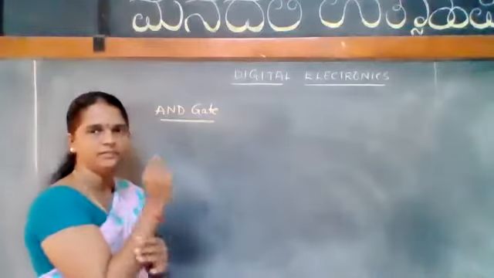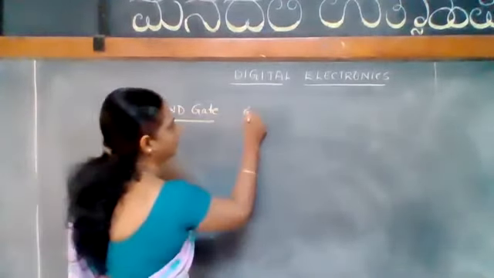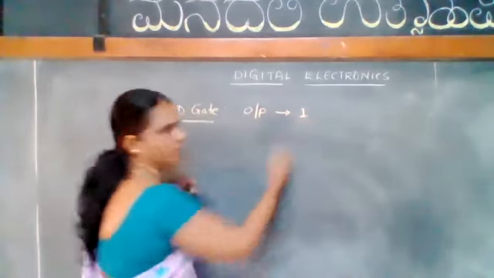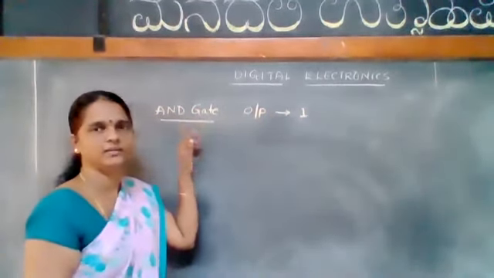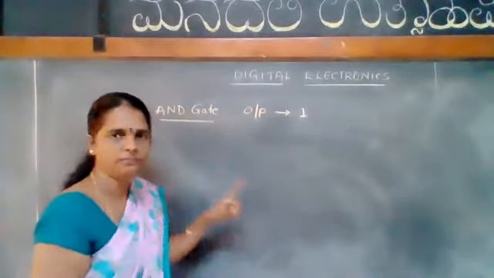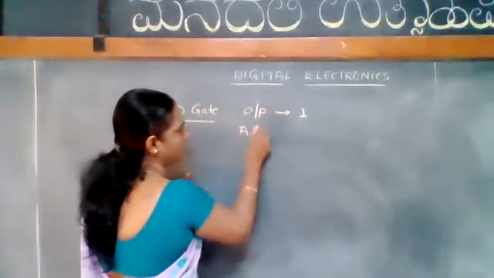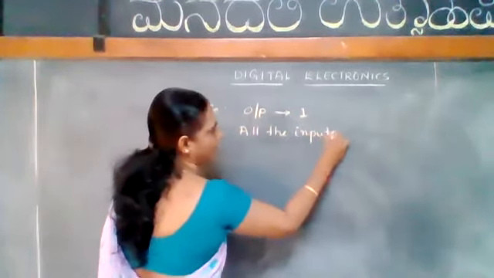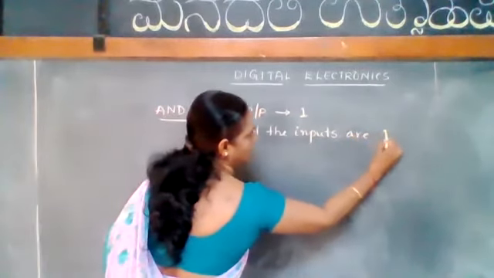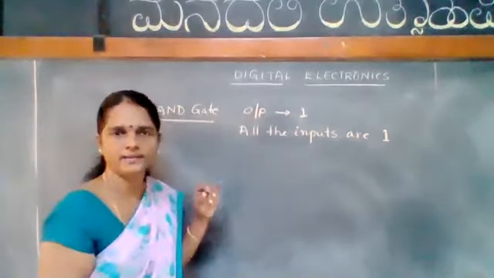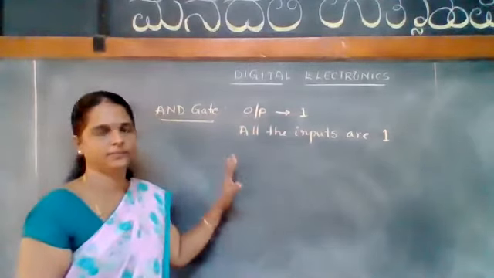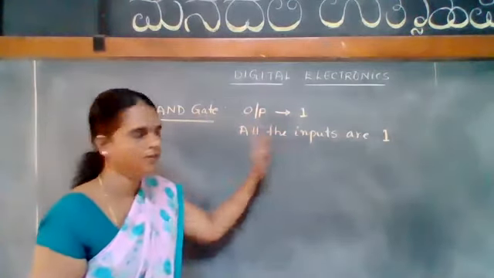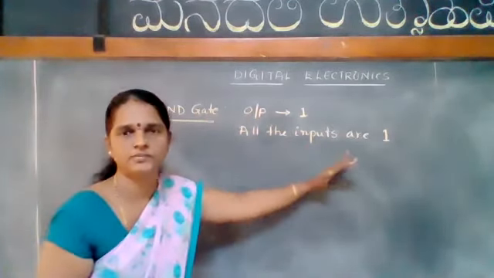So the definition says that the output of this gate goes high only when all the inputs are high. High is nothing but 1. High is 1, low is 0. So the output of this gate goes high only when all the inputs are 1.